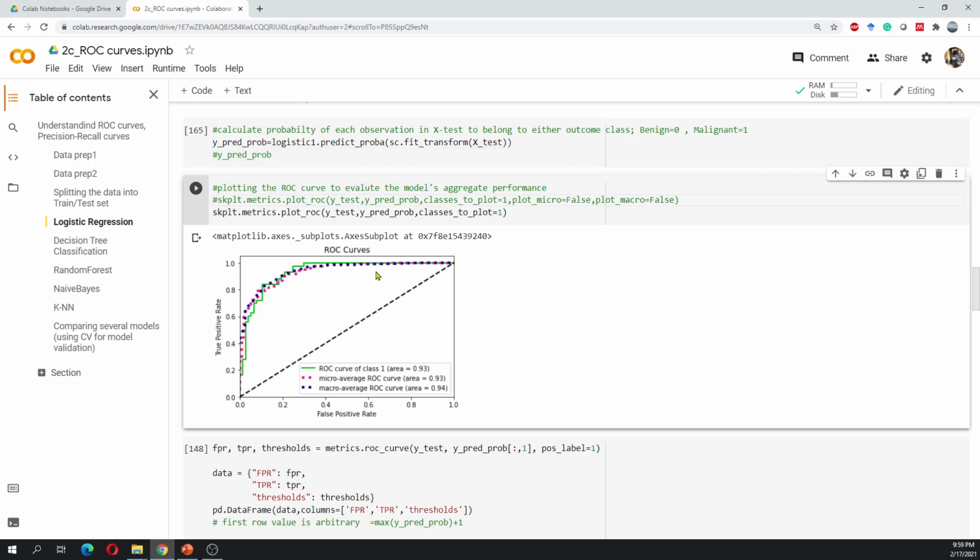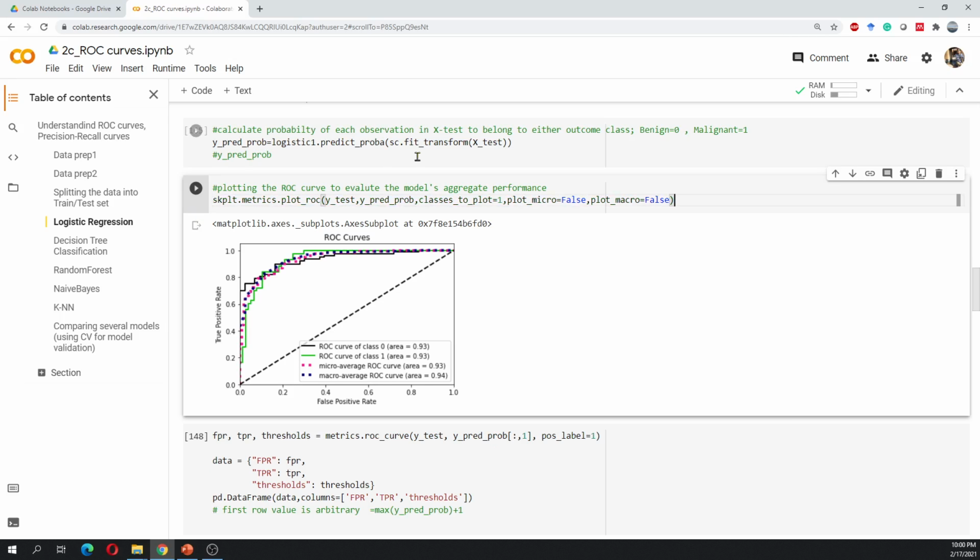So this was how your ROC curves were looking like. It had both classes, the micro average, macro average, and I just want to look at the ROC curve for class 1, and that's why I did this line.